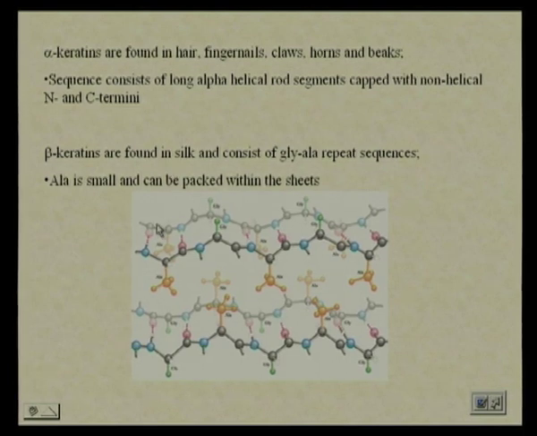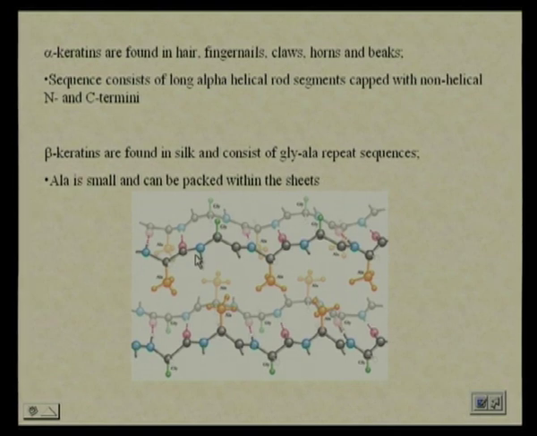Beta keratins, the ones that we see here, are formed of beta sheets. Okay? They are found in silk, which is also a fiber, but over here if you look carefully, you can see alanine and glycine repeat sequences, as they are called. So, you have alternating glycine and alanine.